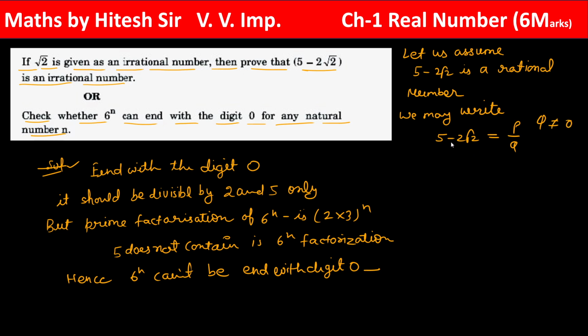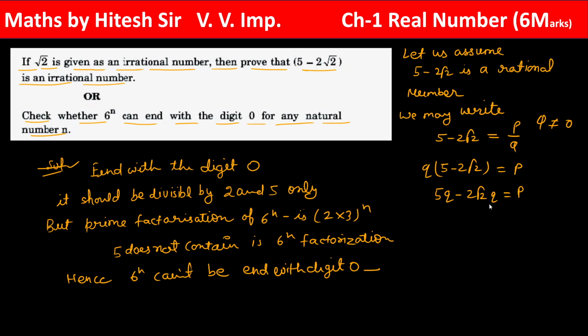Since 5 minus 2 root 2 is a rational number, we can write it in the form p upon q. Cross multiplying, 5q minus 2 root 2 q is equal to p.